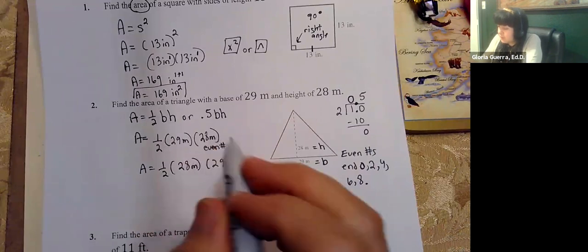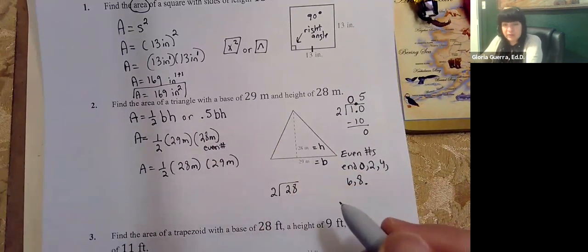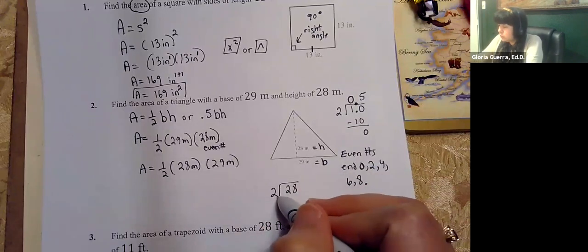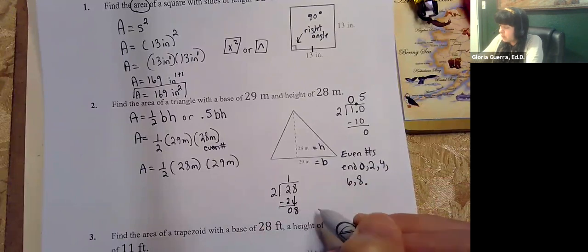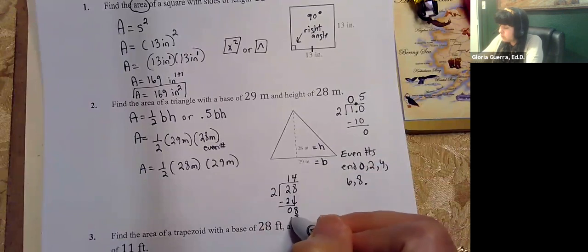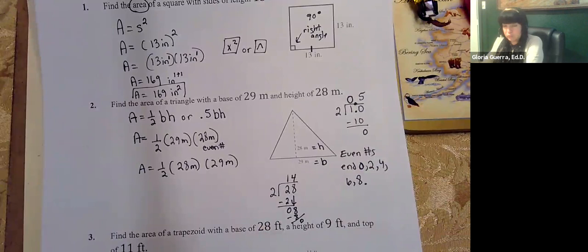So half of 28, 28 divided by 2, if I cut 28 in half, that I think will give me 14. So let's see, 2 goes into 2 one time, 2 times 1 is 2, 2 minus 2 is 0. Bring down the 8, and 2 goes into 8 4 times. 4 times 2 is 8. 8 minus 8 is 0. So see, half of 28 is 14. And even in the calculator, you try that.